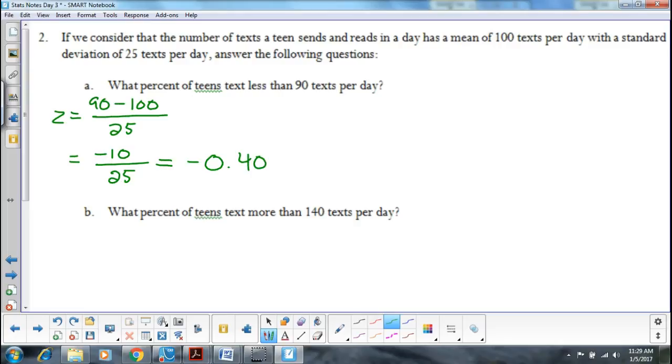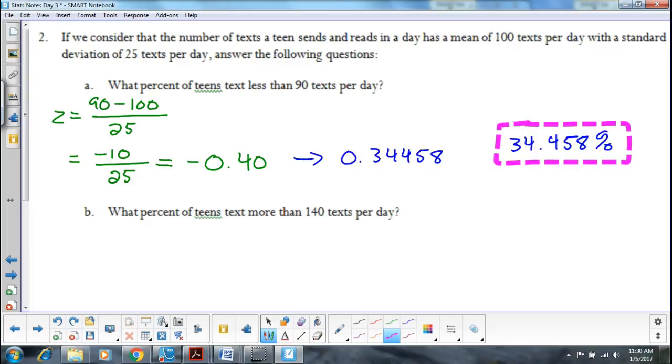Negative 0.40 gives me on my z-chart 0.34458. So that tells me that 34.458% of students text less than 90 texts per day. Yes?